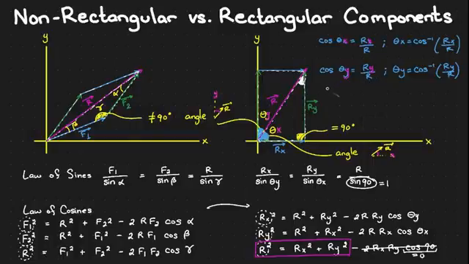If I were to extend this to 3D, cosine theta z, which is the angle between the resultant and the z-axis, according to the pattern, all I need is the z component of the resultant over the resultant. Or if I'm just interested in theta z itself, then that's just equal to the inverse cosine of rz over r. And this fits well with the pattern that we have for cosine theta x and cosine theta y.